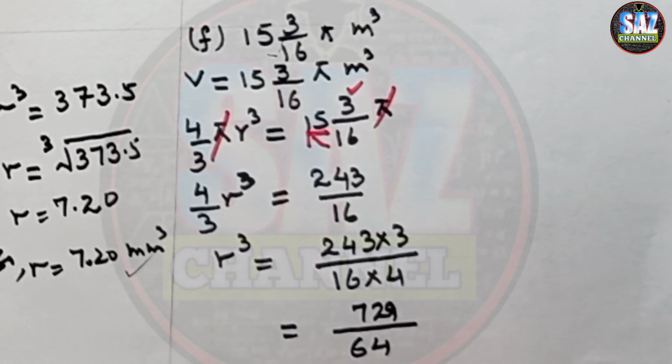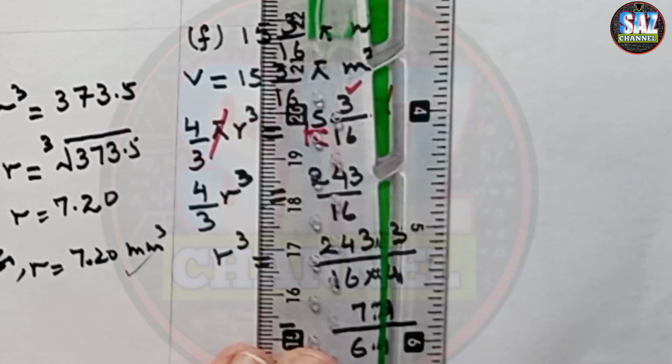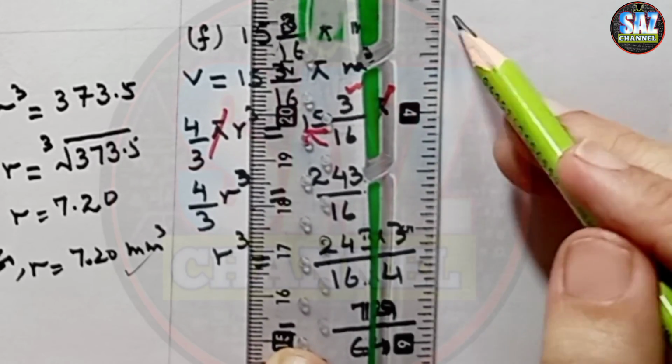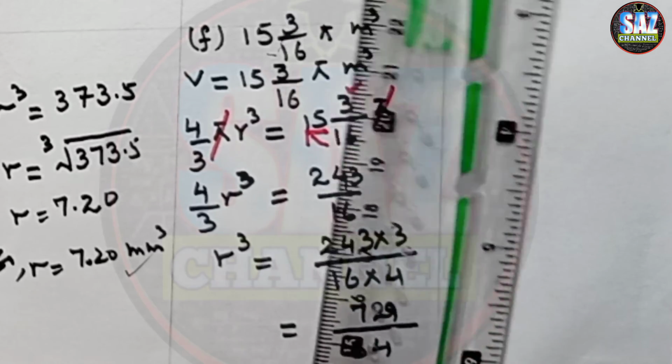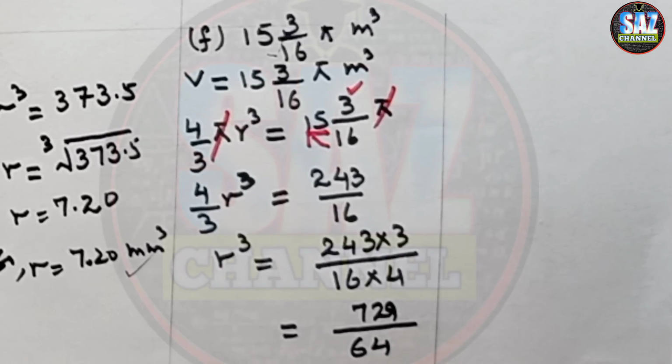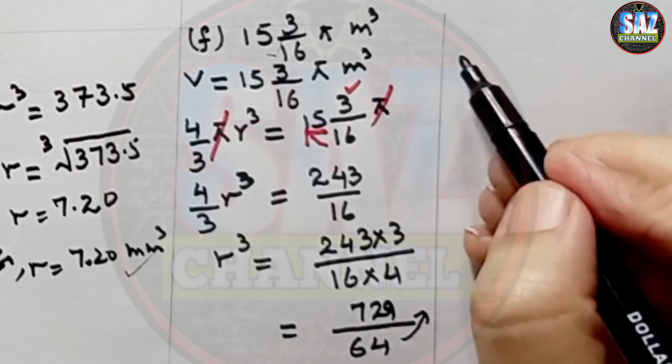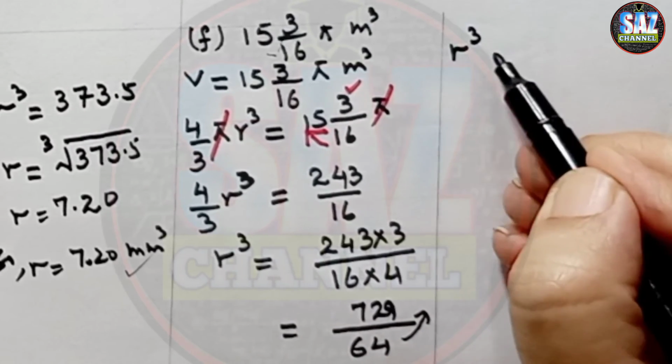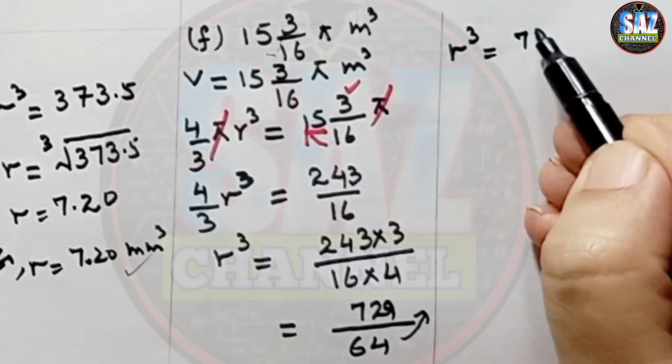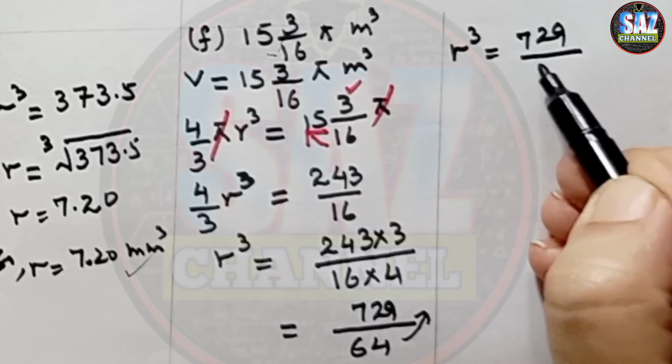Again an interesting fraction. If this question comes in paper 1 without calculator, let me copy the calculation here so my students can understand. r cube equals 729 by 64.